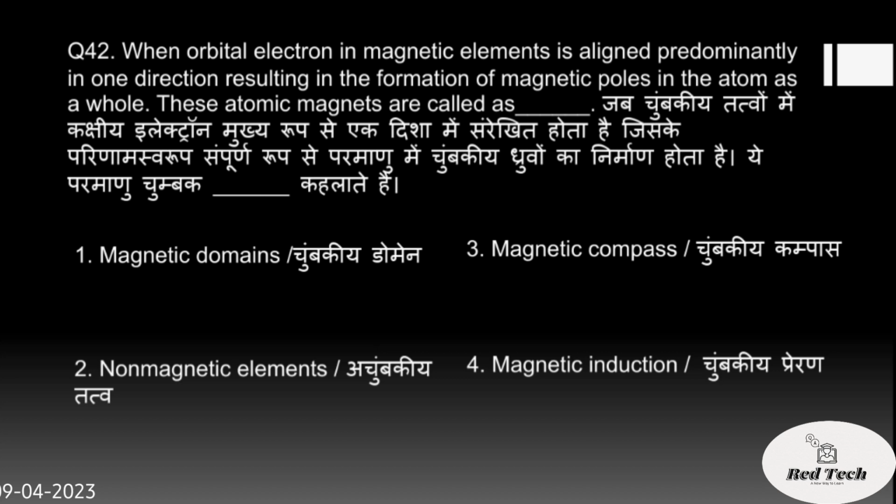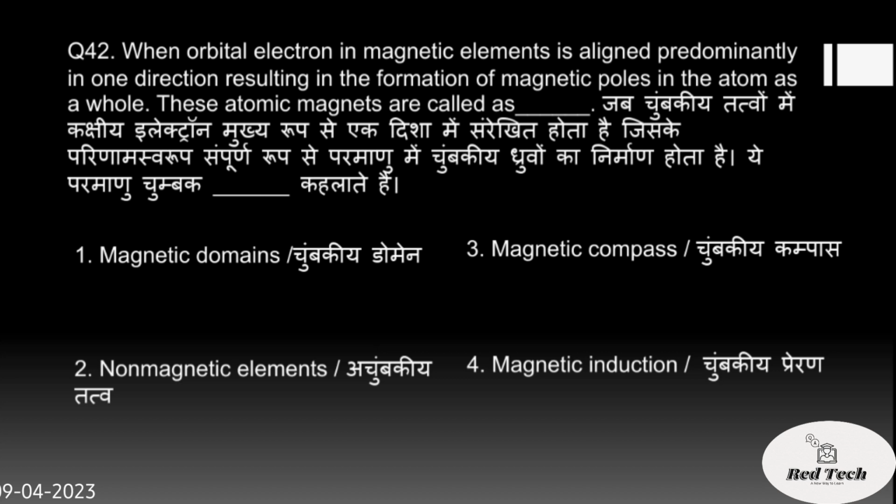So when we put the patient in a magnetic bore, the magnetic element basically in the atom of the body of the patient align along the magnetic poles, and the body behaves like a tiny magnet. So what basically are the atomic magnets called? What is the term used for the atomic magnets?